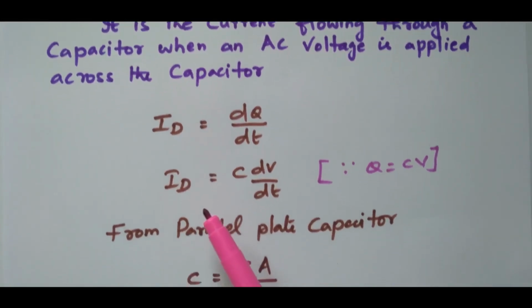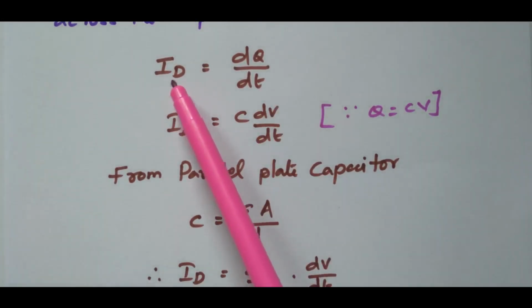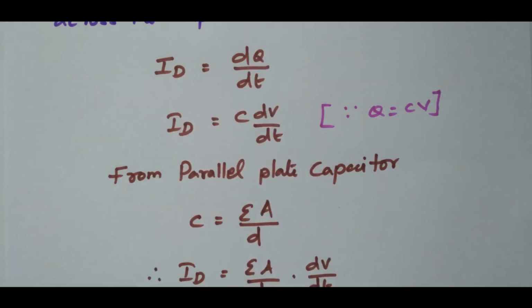ID equal to dq divided by dt, right? So the displacement current can be expressed as dq divided by dt. But q equal to CV. This q is replaced as C into V, so that ID equal to C into dV by dt, right?